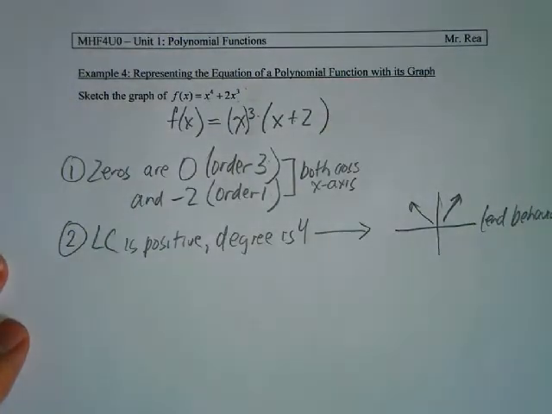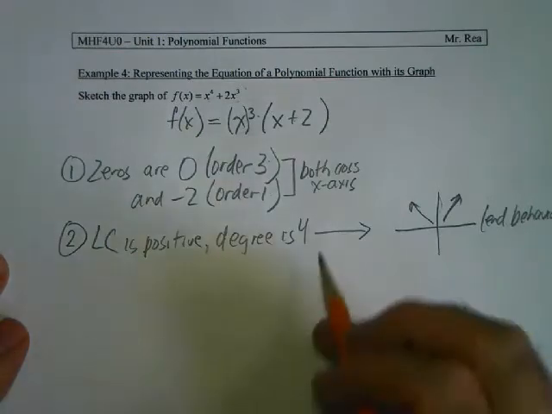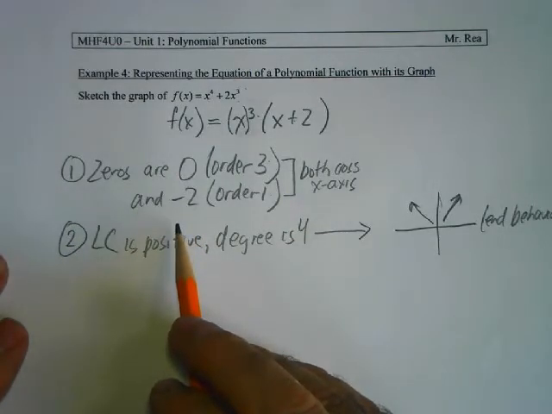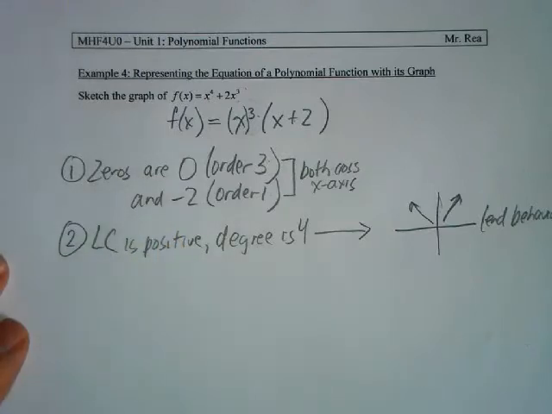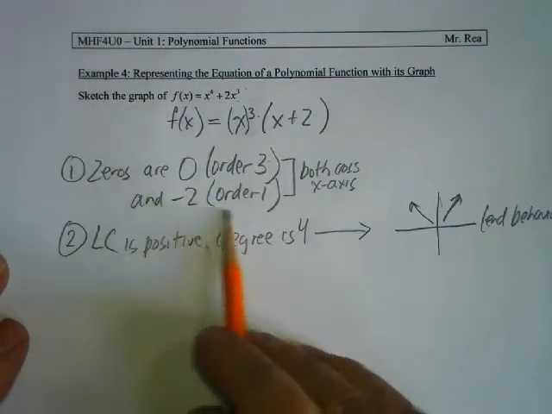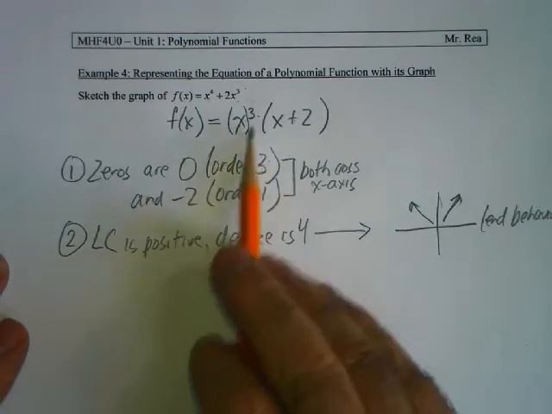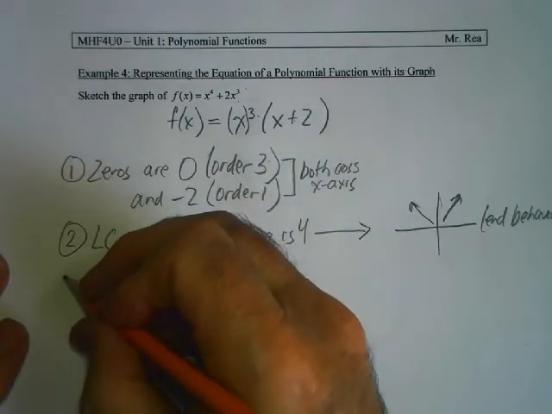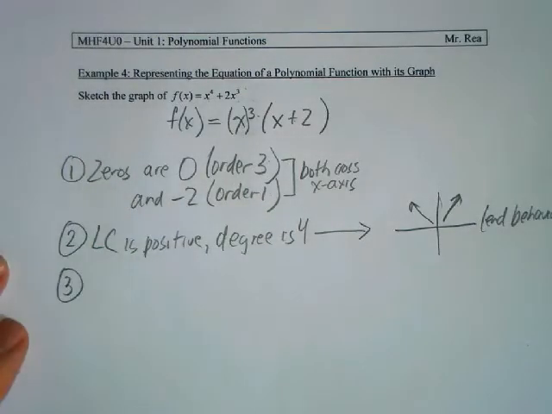Okay, and we do need one more point, because remember, if we just use this, that would give us the family of polynomials that have these x-intercepts. We want the exact one for this member of the family. Okay, so in order to get that other point, we can just figure out the y-intercept.